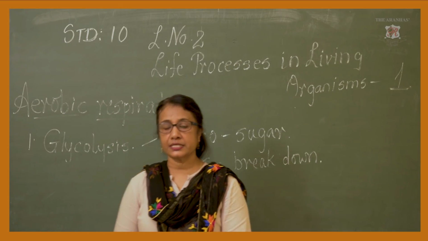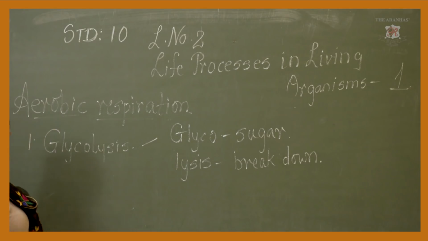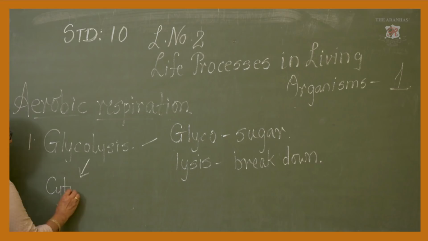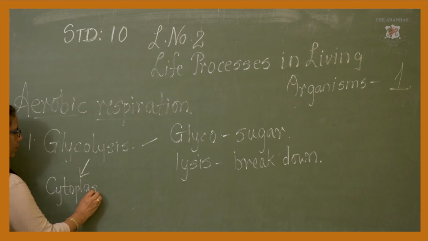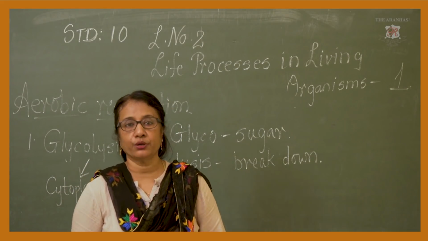Glycolysis is a process which occurs in the cytoplasm of the cell. Where is this procedure happening? It is happening in the cytoplasm of the cell, and in the next step it happens in the mitochondria also.